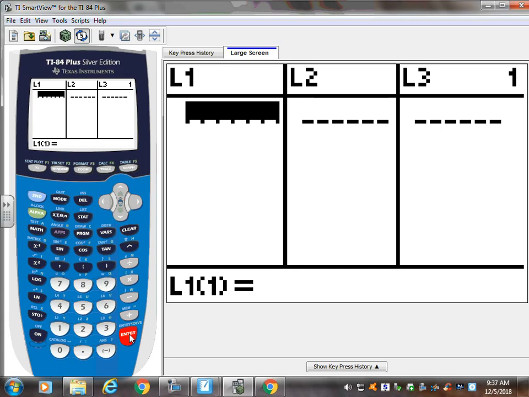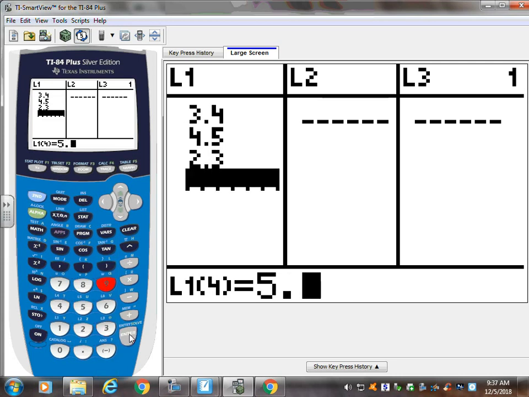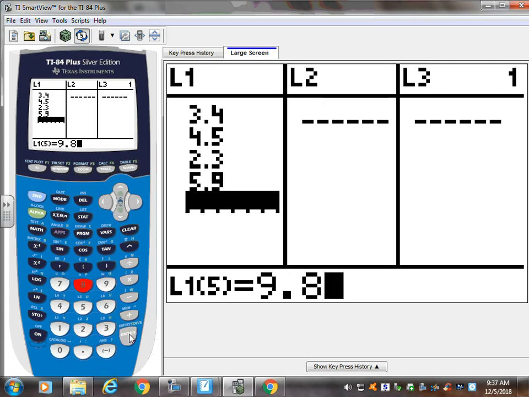Alright, if you will enter the first set of data in L1 and the second set of data in L2, then we can get started with the calculating all at one time instead of having to go back and put another set in. So put them in L1 and then L2. I'm only going to put the first one in, but I want you to put both of them in.